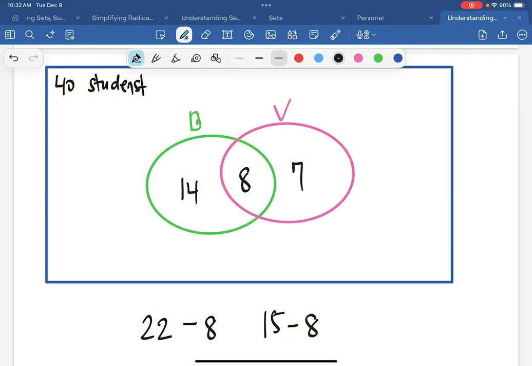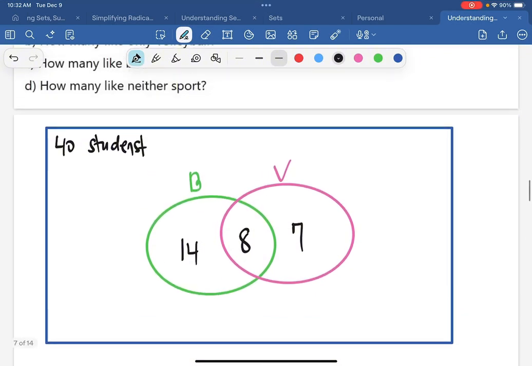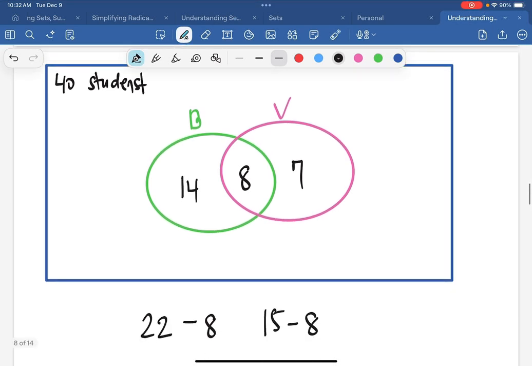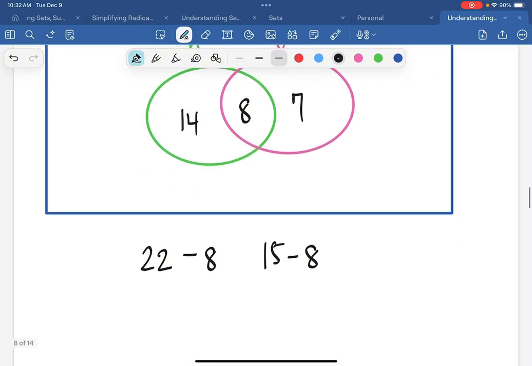Okay, and that's it. So for now, let us try to add 14, 8, and 7. So based on this, 14 plus 8 is 22 plus 7. 14 plus 8 plus 7, the answer is 29.